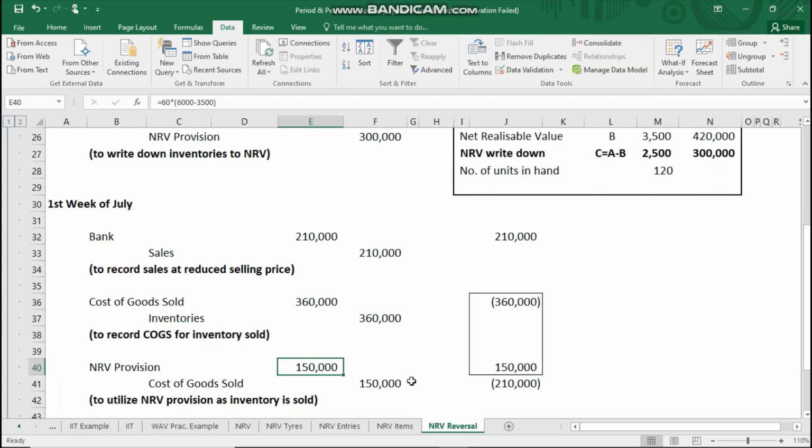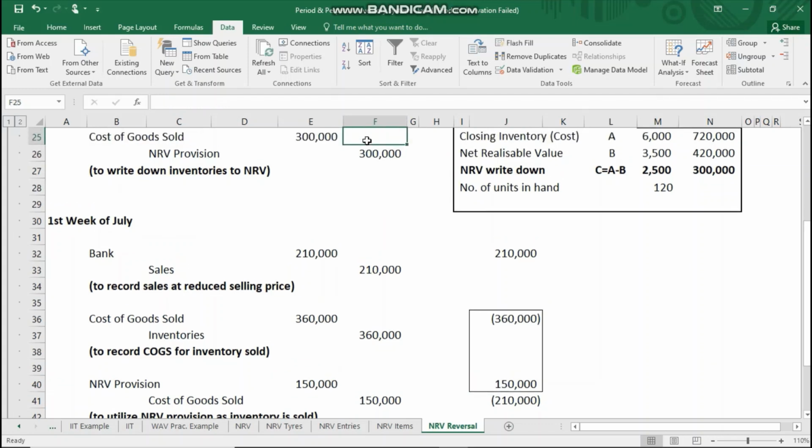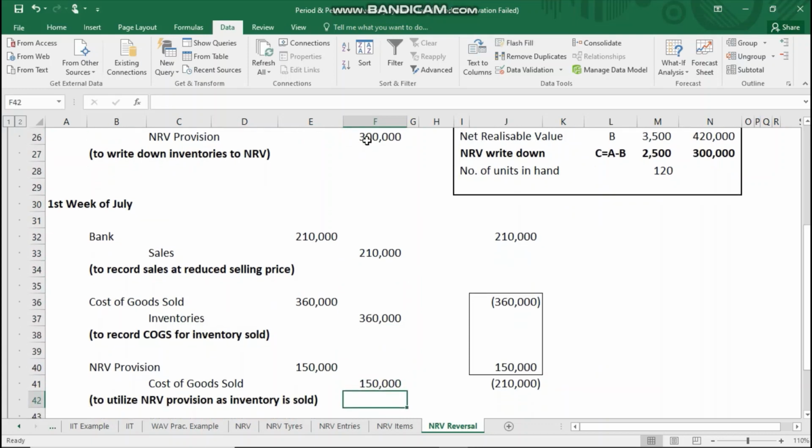How I came up with this 150,000 is 60 units multiplied by 6,000 minus 3,500, which is 2,500. The NRV provision which was initially created for 120 units, out of those 120 units 60 were sold. So I need to release the provision of those 60 units that were sold during the month of July.